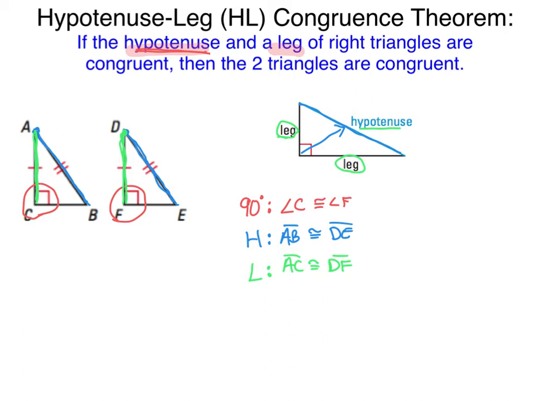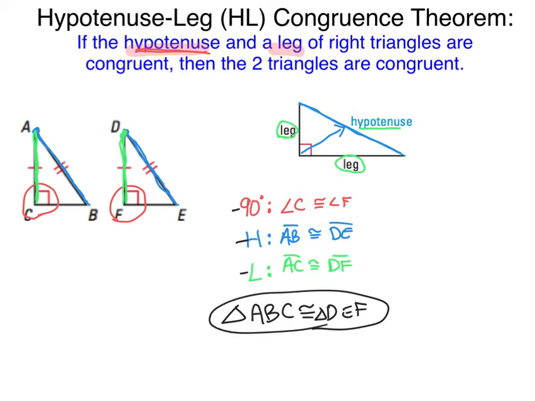Don't forget your segment marks. And so now I have HL is proven congruent. I have a 90-degree angle, so I get a hypotenuse, and I have one other leg. So then I could say triangle ABC is congruent to, sorry, triangle DEF right there.